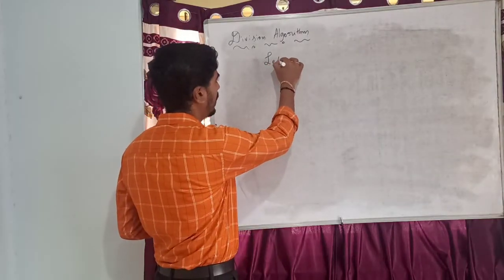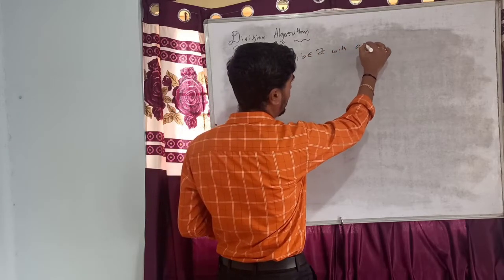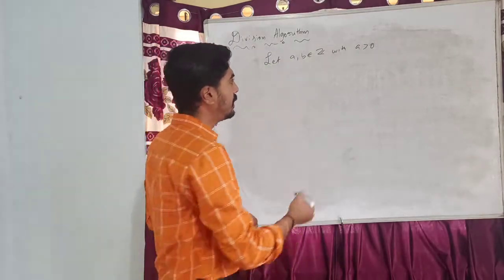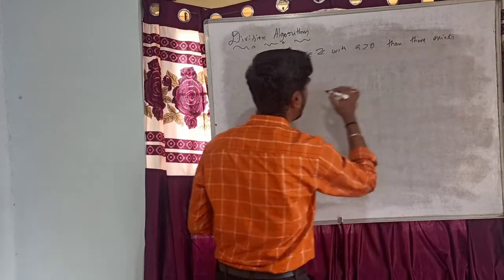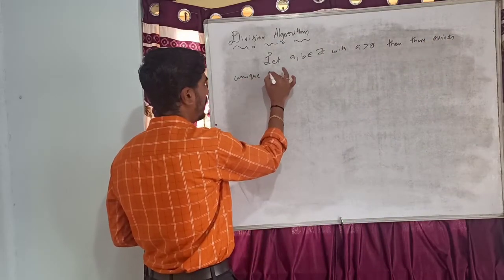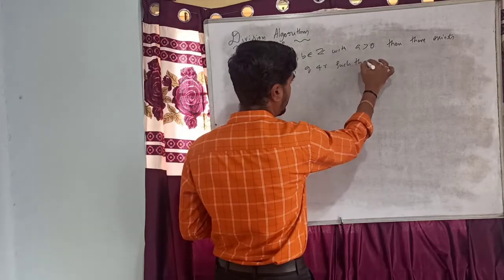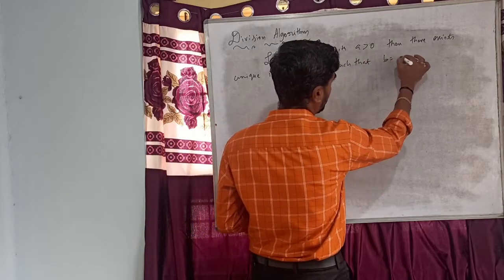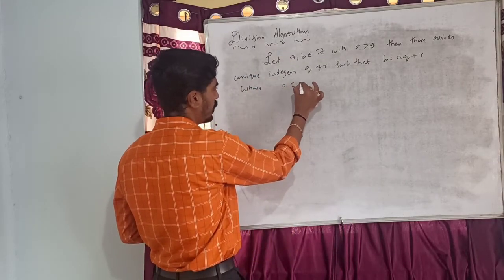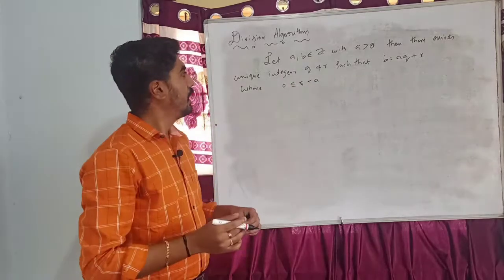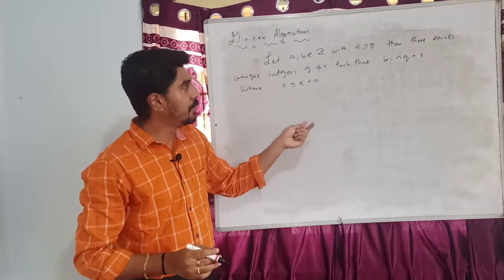Let a and b be any two integers with a greater than 0, then there exist unique integers q and r such that b equal to aq plus r, where 0 less than or equal to r less than a. Here q is called the quotient and r is called the remainder in the division of b by a.